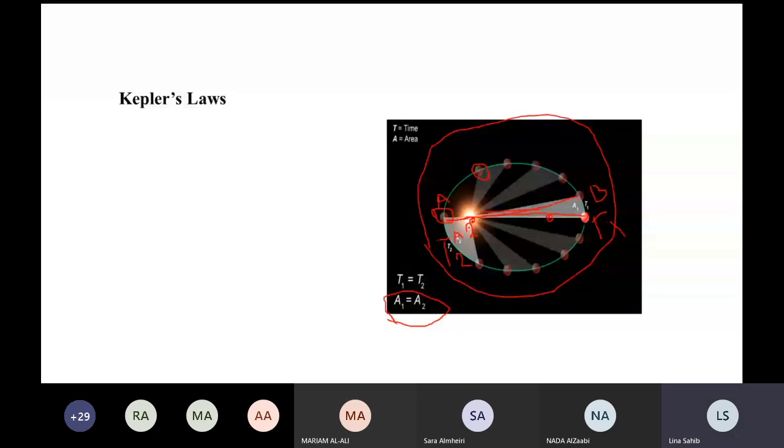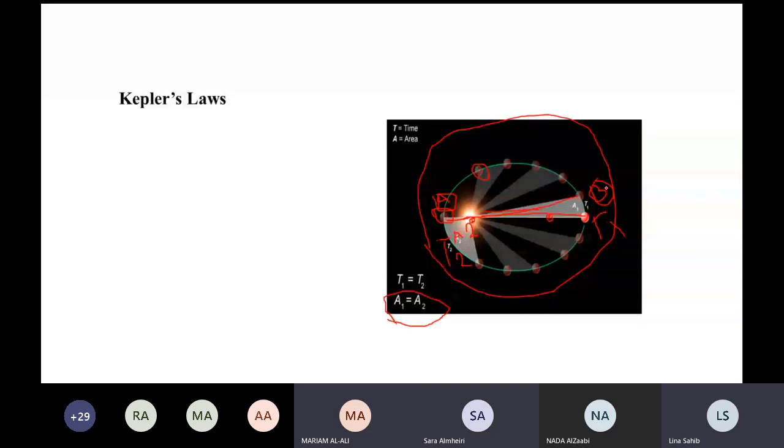But here, the distance between the Earth and the Sun is very close. So what do you think here? Will the force be more than the force at B or less? Here it is farther and here closer. Where is the force more, at A or at B?